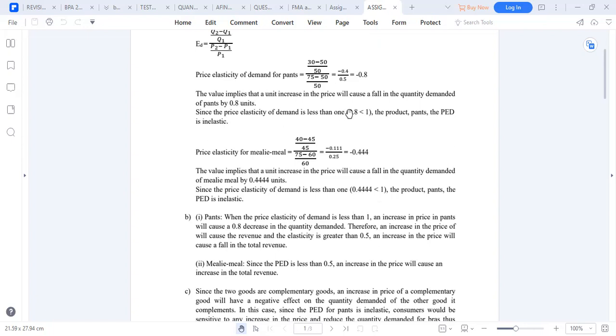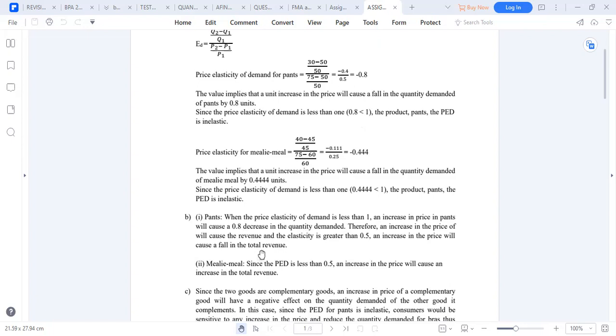But for this one here, 0.8, it is quite significant. So it will affect the revenue somewhat. So you can say both of them are inelastic, quite right? But the increase in price for pants is significant enough to affect the demand by causing the revenue to reduce. Are we together? Yes. Yeah.